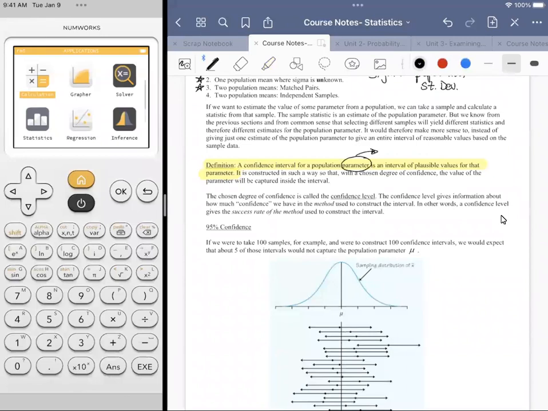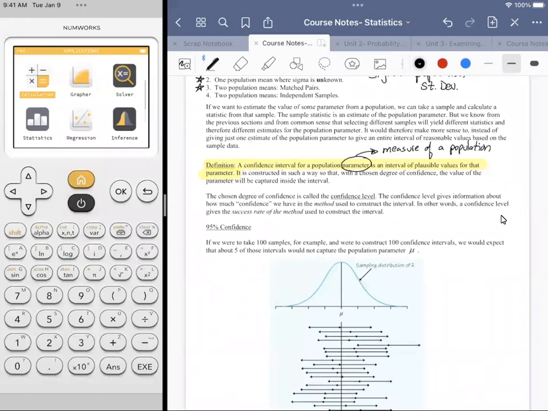A parameter is a measure of a population. So an example would be something like a population mean, or a population standard deviation, or a population proportion or percentage.